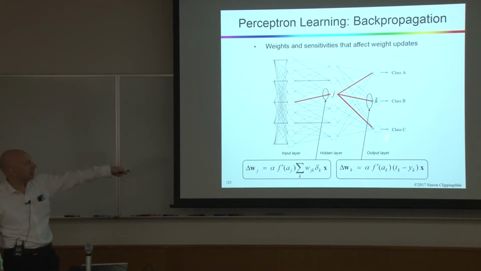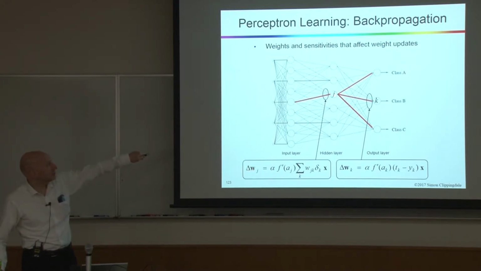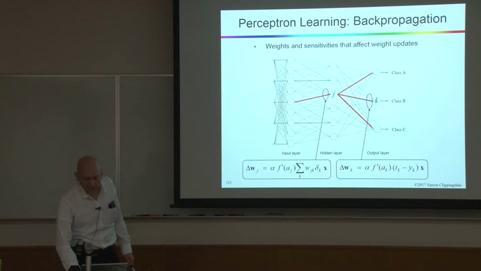And this thing is the weight update for the weight vector going into unit J. That's this weight vector here in that ellipse. So that was backpropagation.